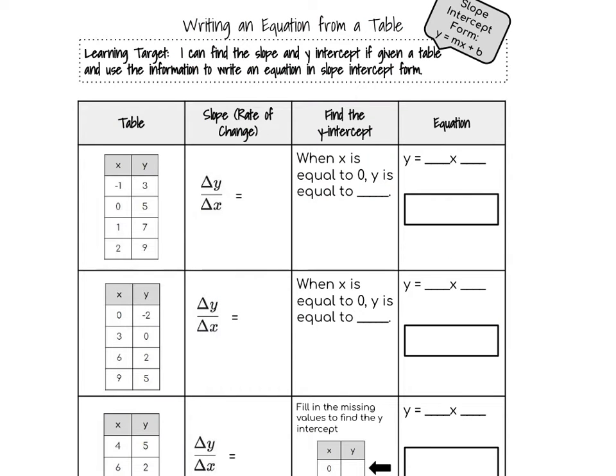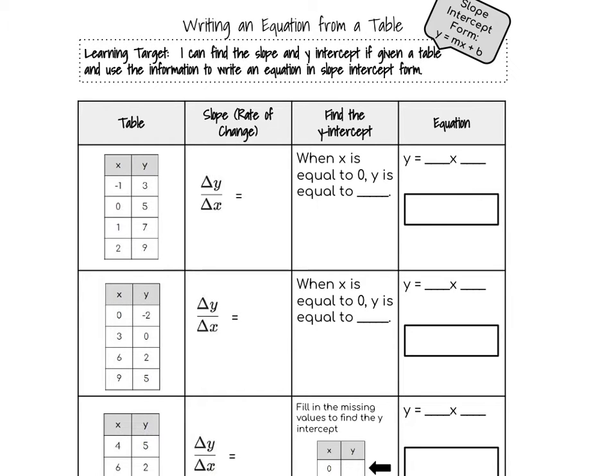Okay, so here we have writing an equation given a table. So your target is you can find the slope and y-intercept if you're given a table, which is the first step in doing this. And then you're going to use that information to write an equation in slope-intercept form.